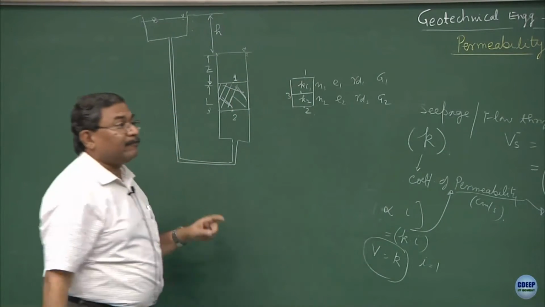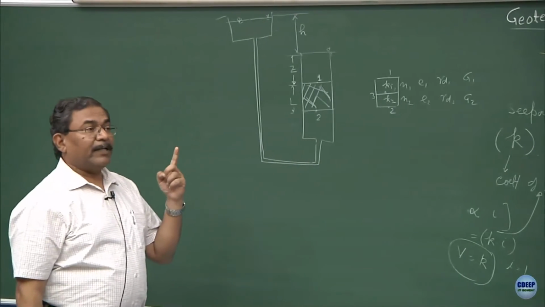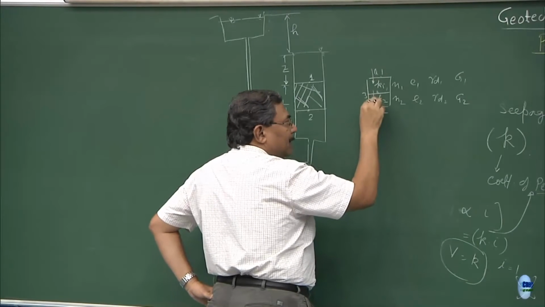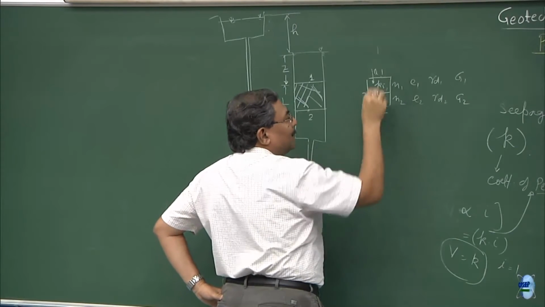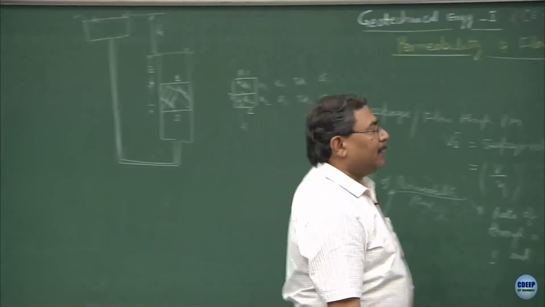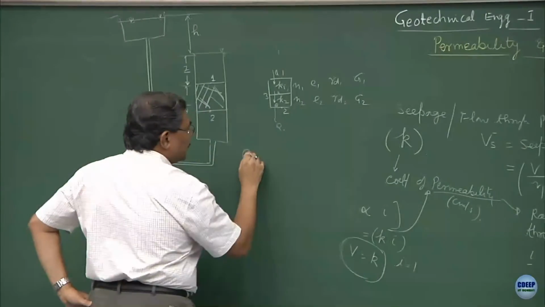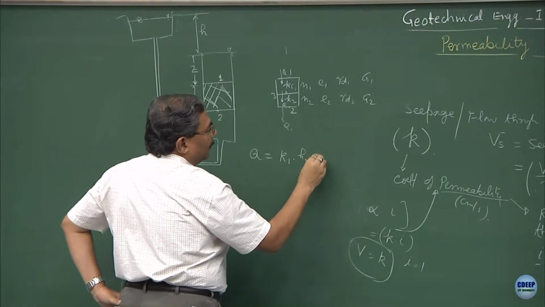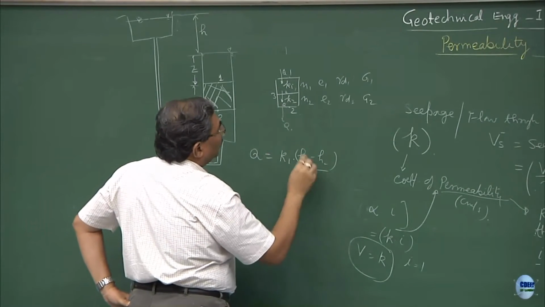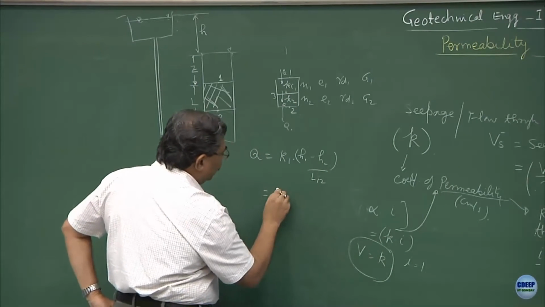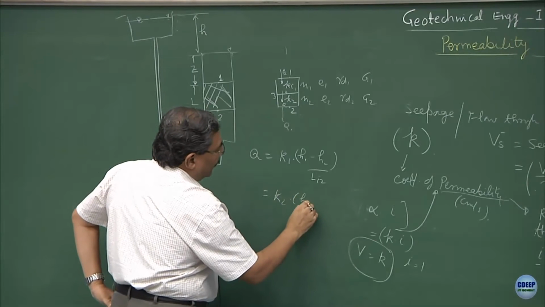What I require is one equation of continuity. That means this Q is going to be the same as this Q, is going to be the same as the Q which comes out. That is it. In other words, if my Q remains the same, I will say K1 multiplied by (H1 minus H2) over L12 will be equal to K2 multiplied by (H2 minus H3) over L32.